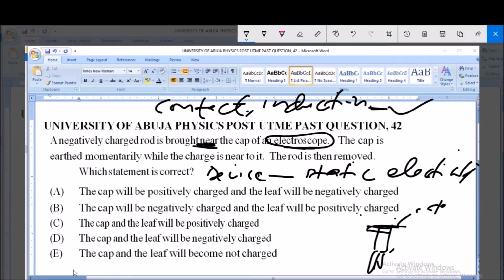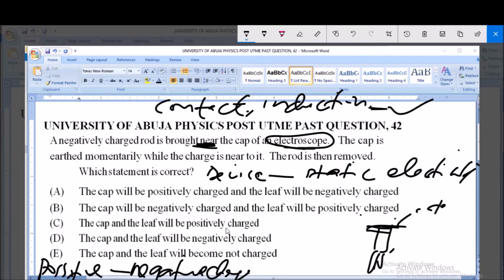You notice that the cap and the leaf possess an opposite charge. So if it is a positive charge, by induction you get what? A negative charge.